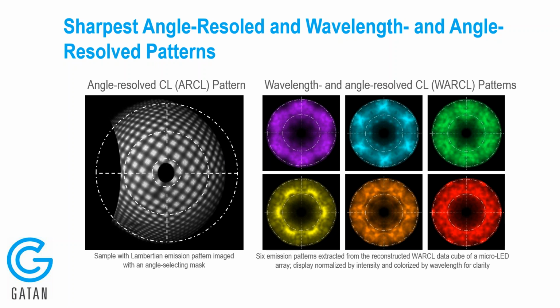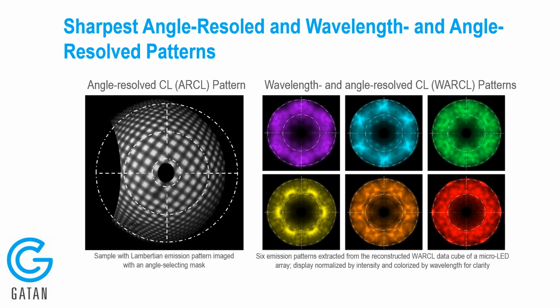And when you do that, you collect emission patterns at full spectral resolution. So you can think of it as having up to 1,340 emission patterns, each at a different wavelength, all being able to collect an emission spectrum in any given emission direction.